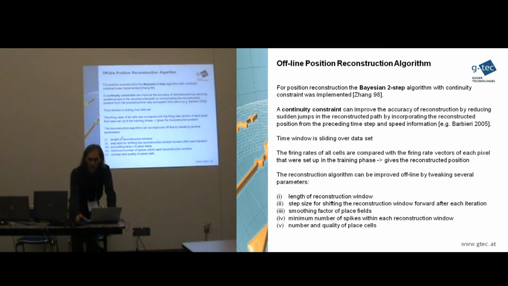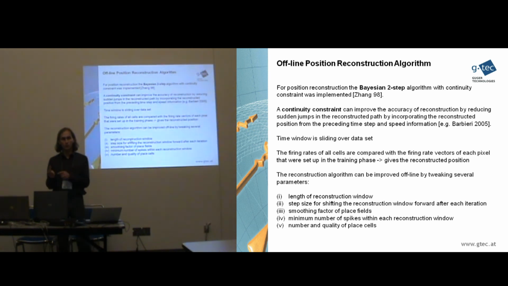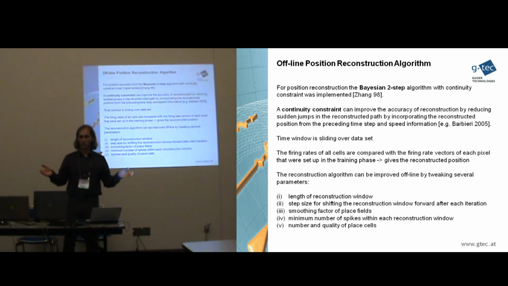The reconstruction algorithm can be improved by several parameters. For example, the length of the reconstruction window. If the window is too small, you don't have enough spikes, of course. If the window is too long, like 10 seconds or 20 seconds, then it's not really the position that you're looking for, because the rat was already running around. So it must be optimal to have nice accuracies.